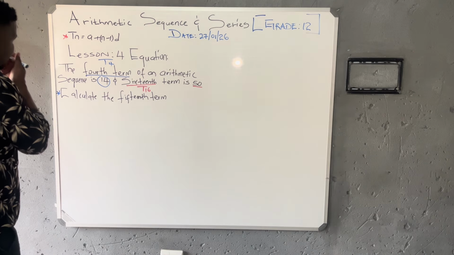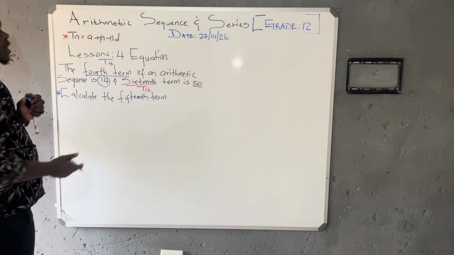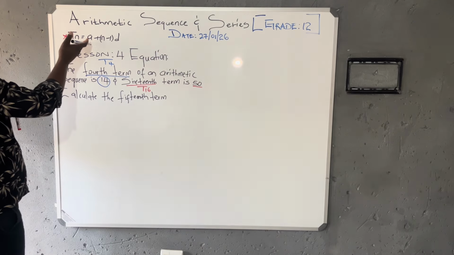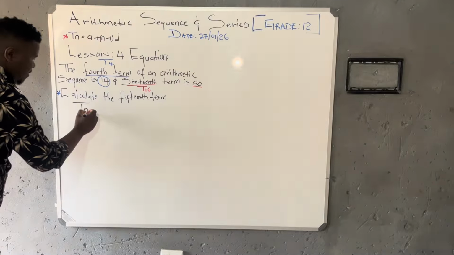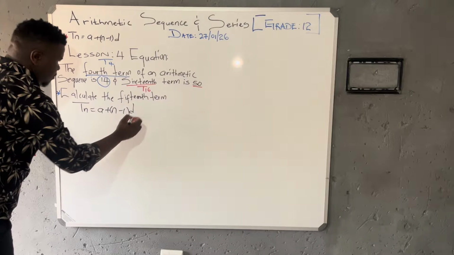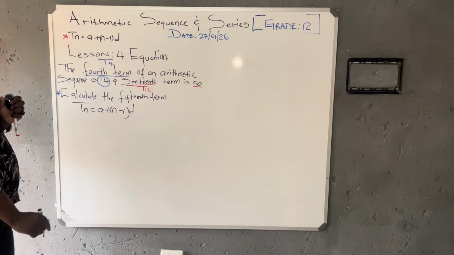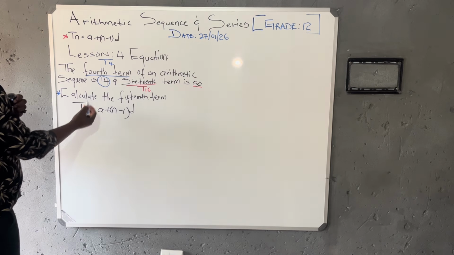I will say, always when I'm dealing with equations in arithmetic, we have to consult our general formula. We have to use it. So for instance, this is my formula. I'm going to use this to create the first one. Remember, the first one says T4.